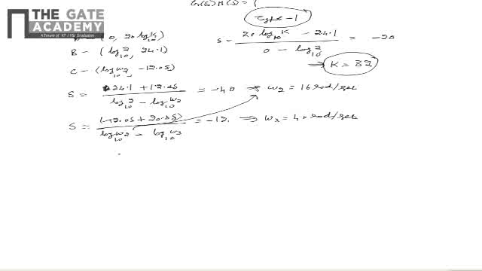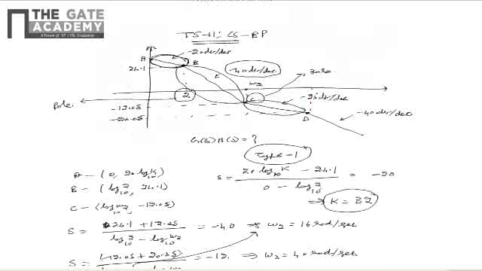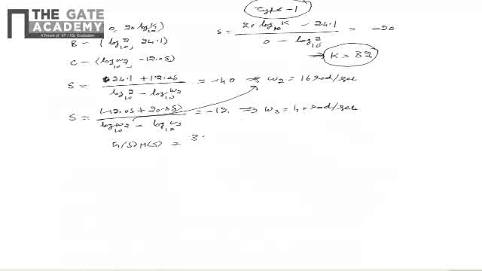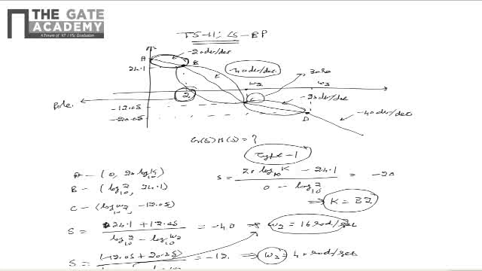So from this we can finally say that the open loop transfer function G(s)H(s) is equal to, please note that omega 3 corresponds to the point D, K, that is 32, multiplied by the zero, which is at 16 radians per second, that is (1 plus 0.0625s), divided by poles at omega 3 equal to 40 radians per second and 2 radians per second.